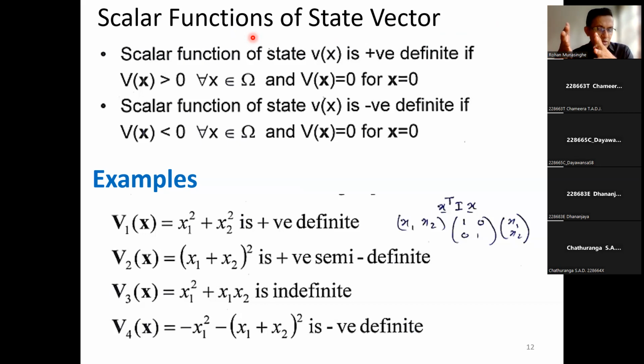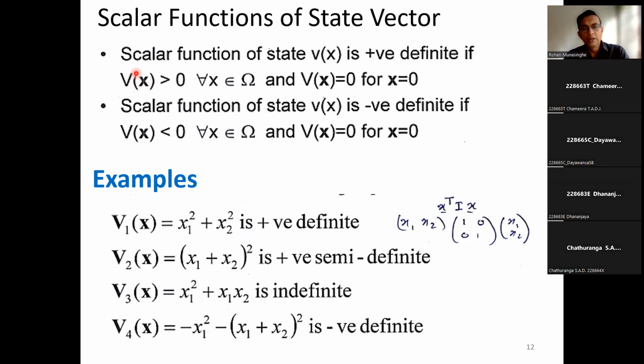So when you calculate the energy from state variables, you are using the vectors and eventually getting it down to a scalar. So we write it down as V of x. x is bolded because it's a vector. V is capital, but it's a scalar.